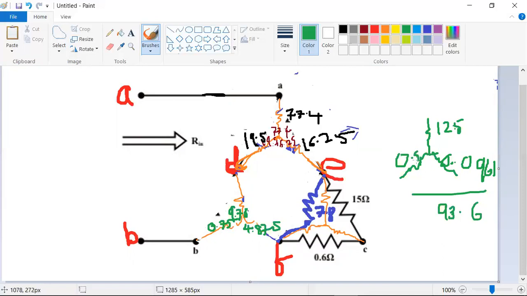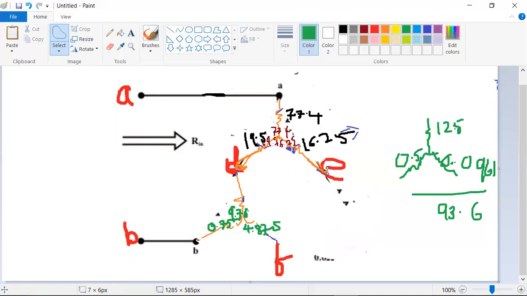So now remove this, then add this value. Now let me remove this. By removing this, I'm adding this.